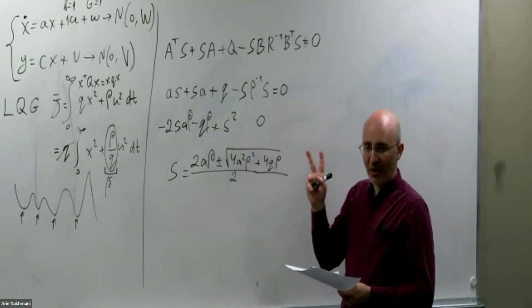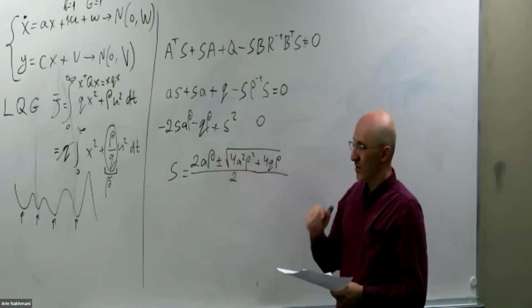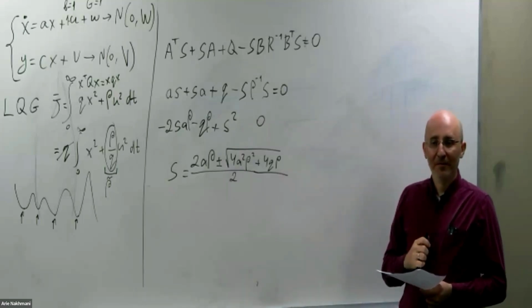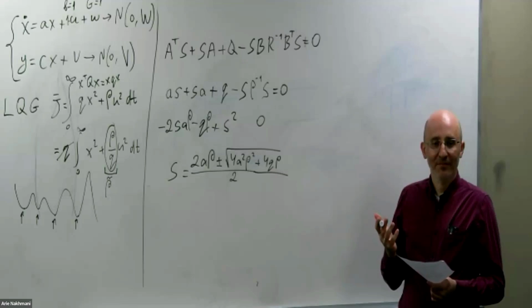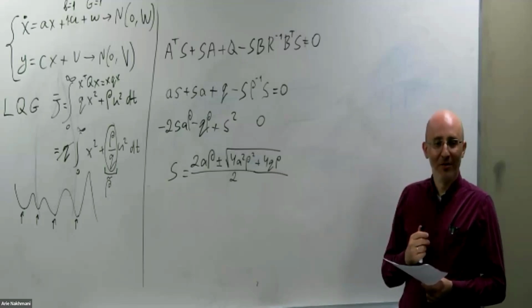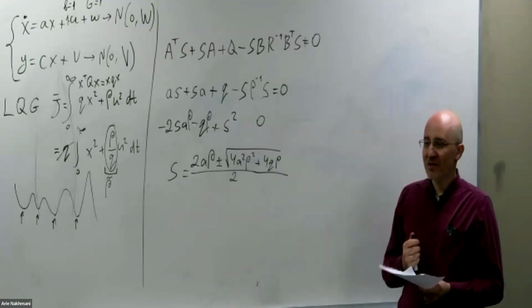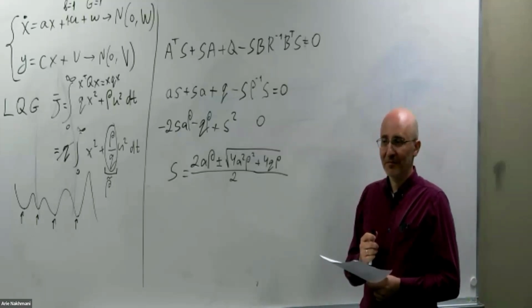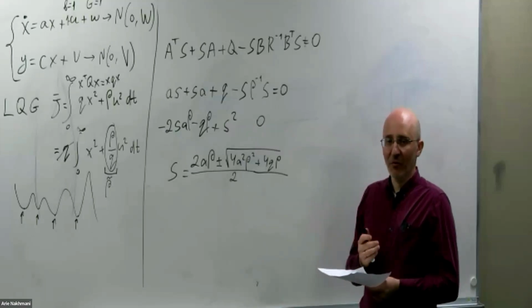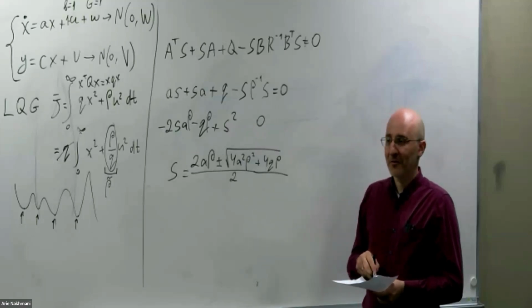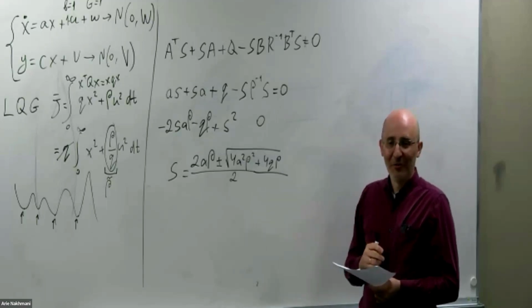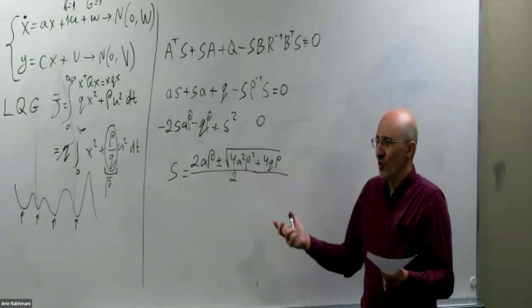You have two roots for the quadratic equation. One is plus, one is minus. So which one should I choose? Plus or minus? Why plus? So S should be positive definitely. What does positive definite mean for scalars? It just needs to be positive. That's what it means for scalars. So to make that positive, what do you choose, plus or minus?